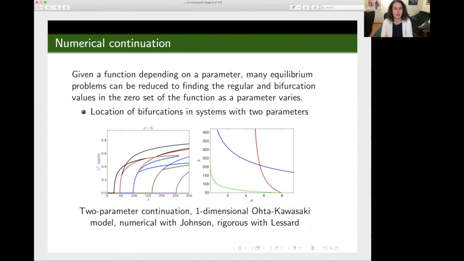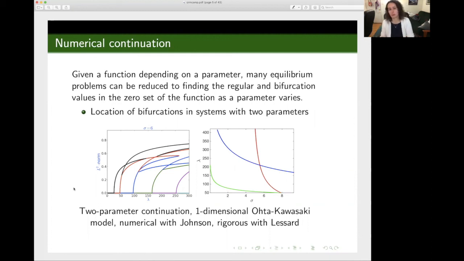In the context of partial differential equations, we've considered the one-dimensional Ohta-Kawasaki model, and the picture on the left is a numerical picture of the bifurcation diagram at a certain parameter value.